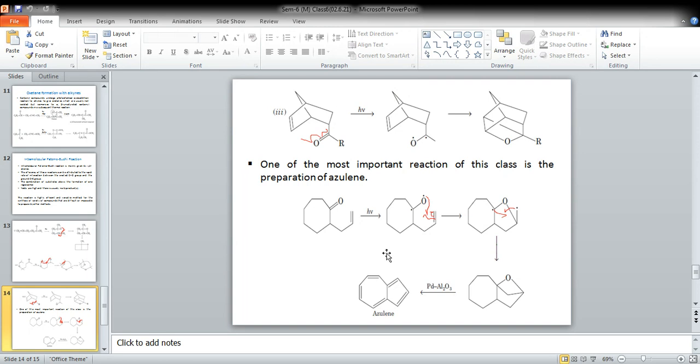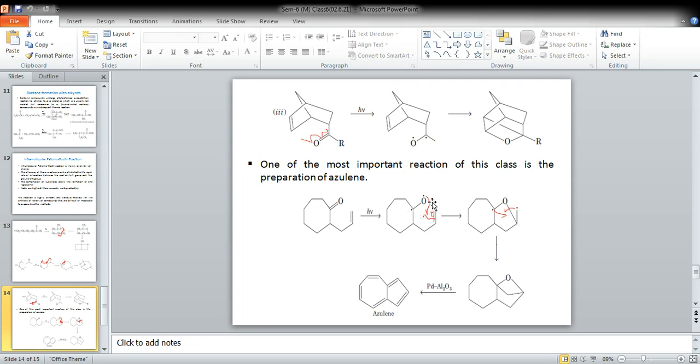So in order to prepare this particular product azulene, we take this particular carbonyl compound, so that there must be alpha, beta, gamma. At the gamma position, there is a C=C group. So on photolysis, the C=O group will be excited like this.